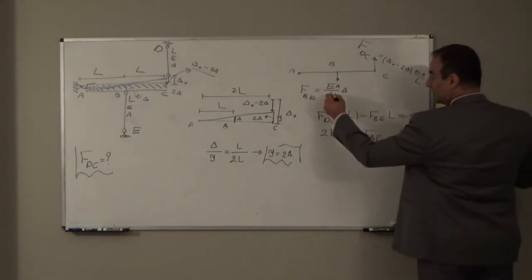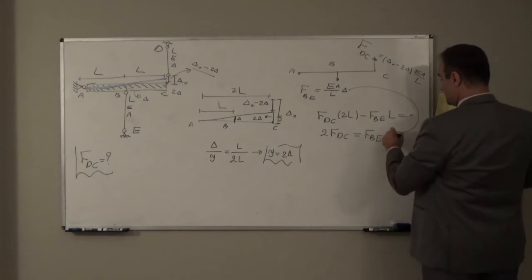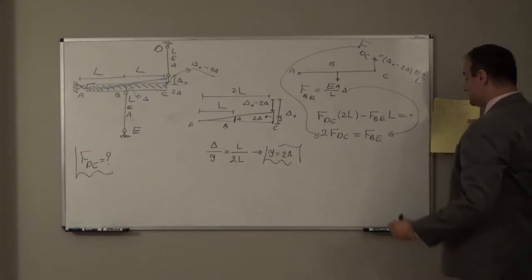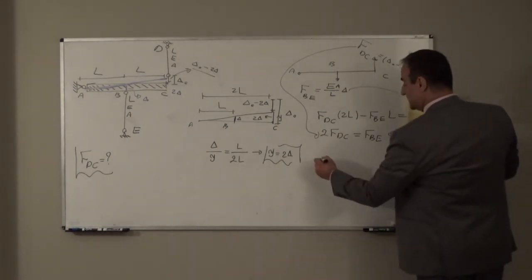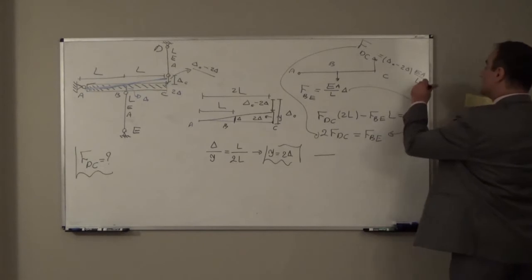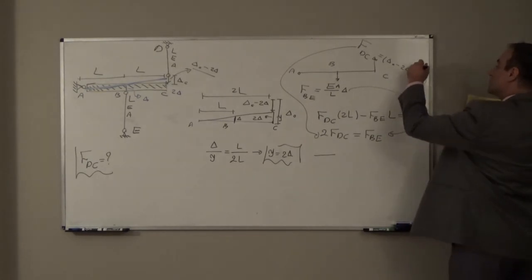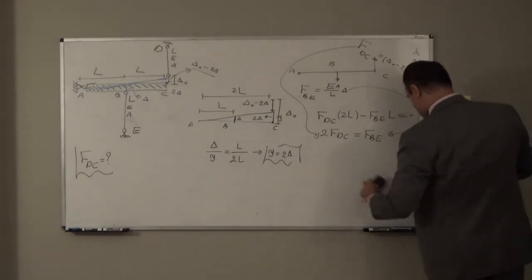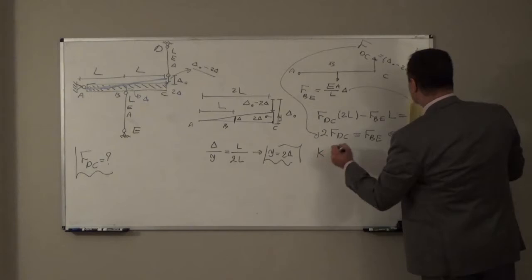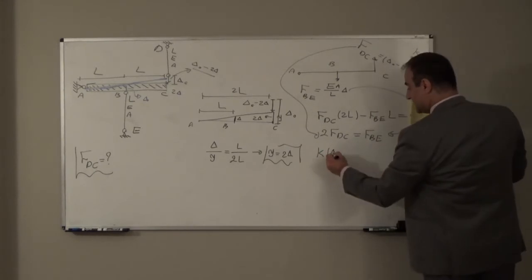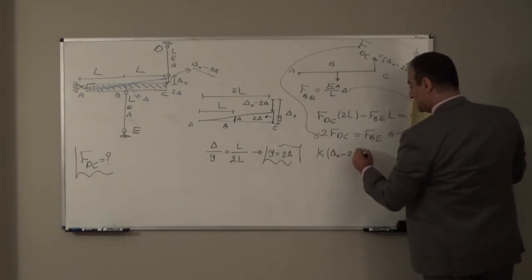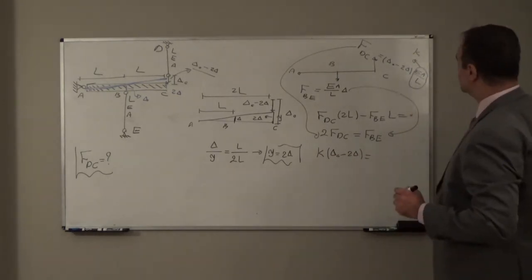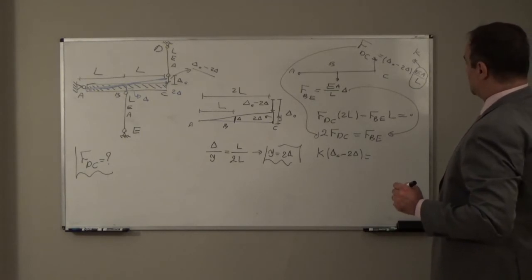So if I plug in the values, what will I end up with? EA over L. If I show it with K for stiffness, it will be easier to write. It will be K times delta naught minus 2 delta is equal to, let's see, everything is right.